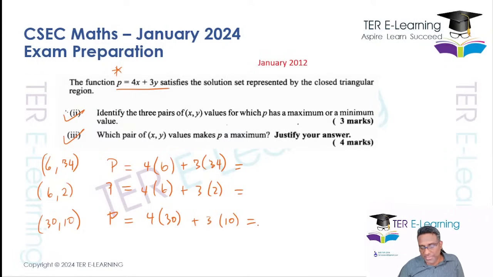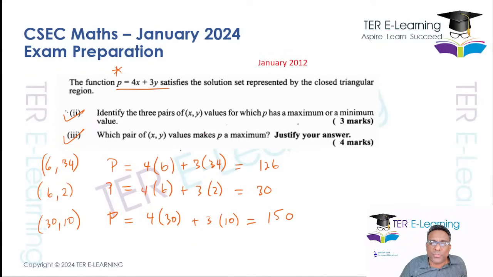So the first one will be 24 plus brackets 3 by 34. That's going to be 126. Next one here is 6 over 24 plus 6. That's going to be 30. And then the last one is 4 3 is 12. That's 120 plus 30. So this is 150.